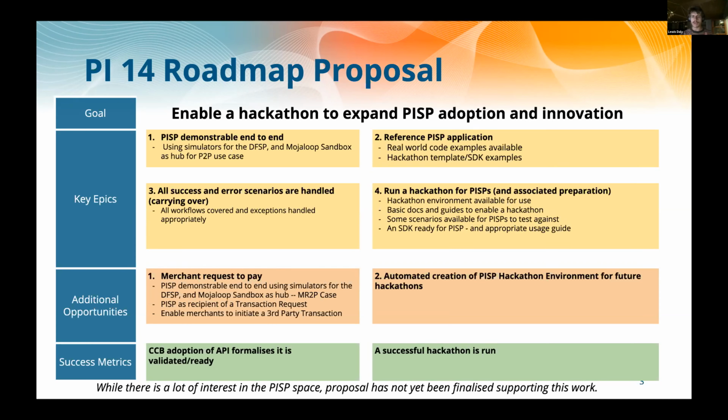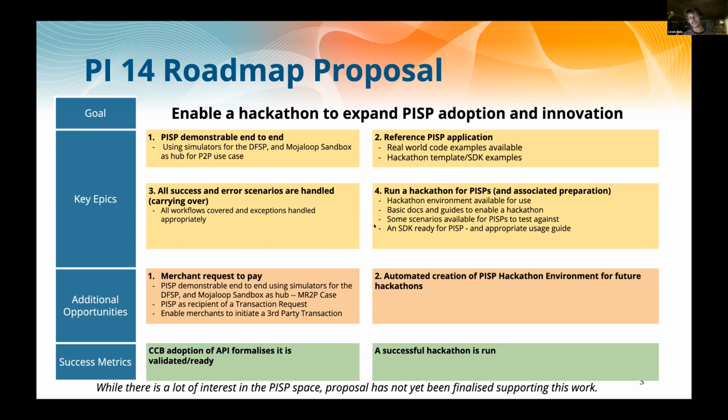Also, there's the automation piece, which is a nice to have, but also lays the groundwork for automating this future work away, so we don't have to keep doing it over and over again. So that's our proposal for PI14.